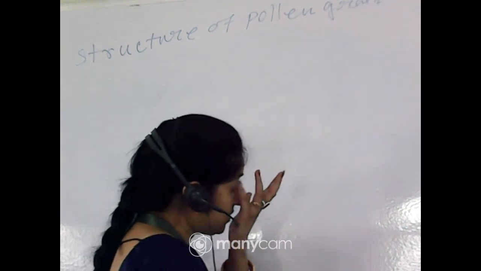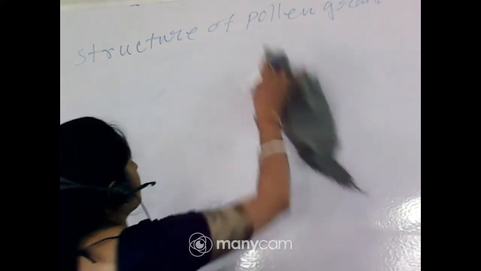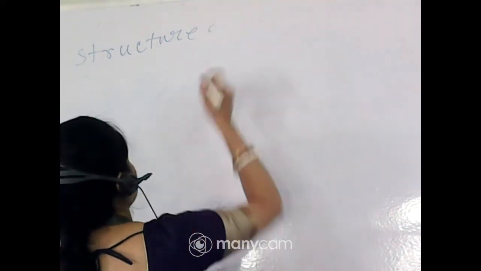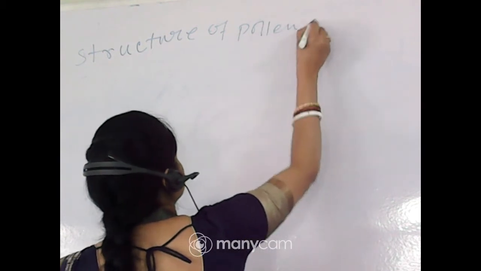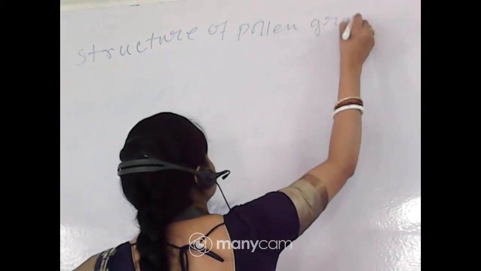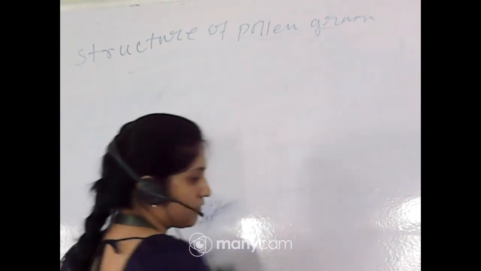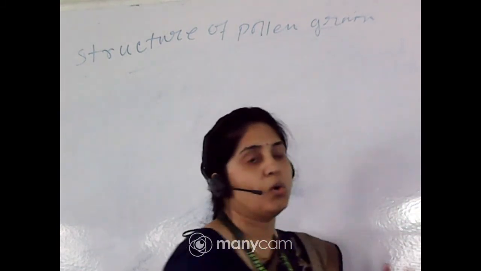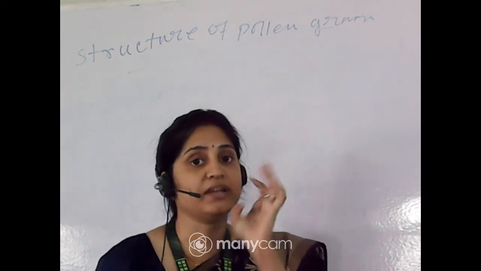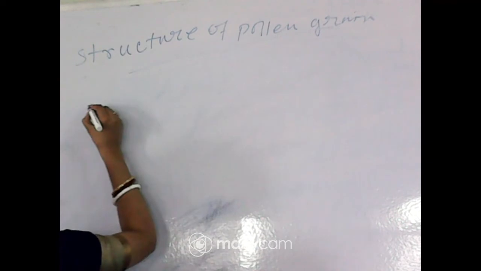What is the structure of pollen grain? Pollen grain is the first cell of the male gametophyte. Obviously, when the male gamete is formed, the pollen grain is the first cell of male gametophyte.